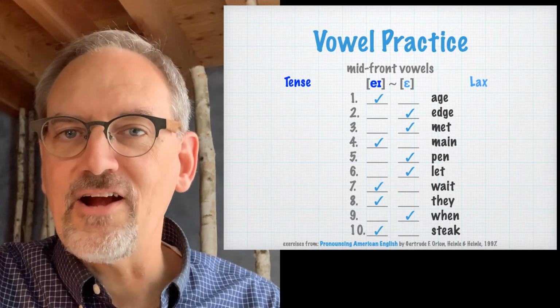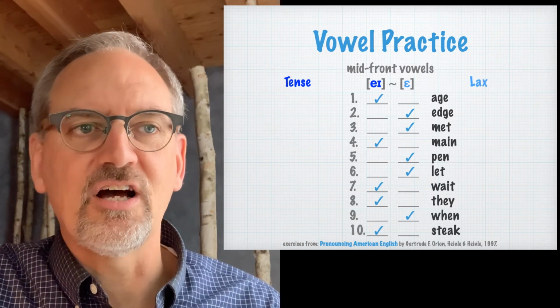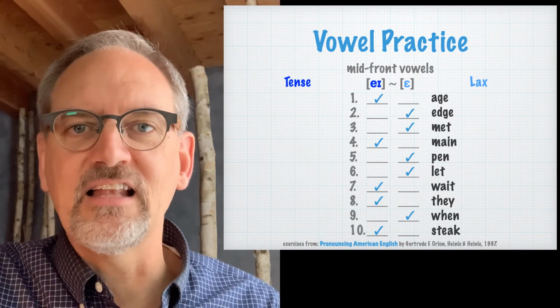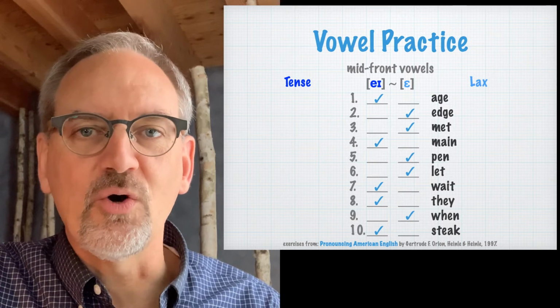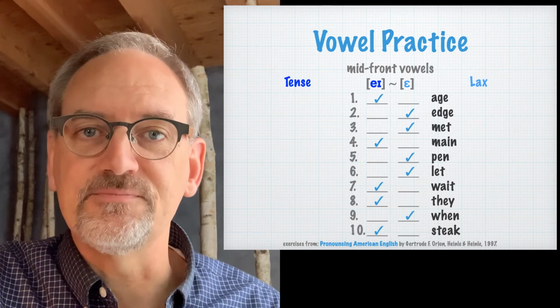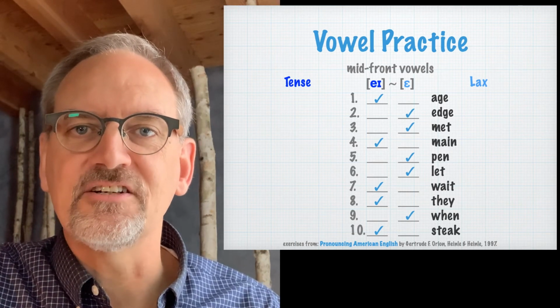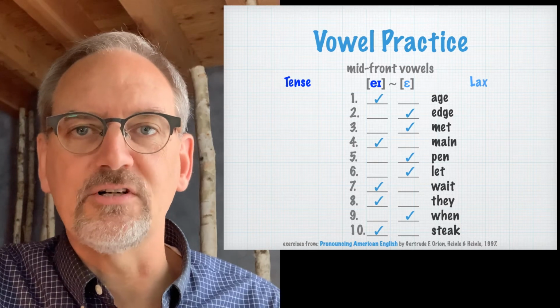Now, if you look carefully, you might notice something about the spelling. When we spell a word with only one vowel, it's often a lax vowel, a short vowel. When it's spelled with two vowels together, it's often a tense vowel.